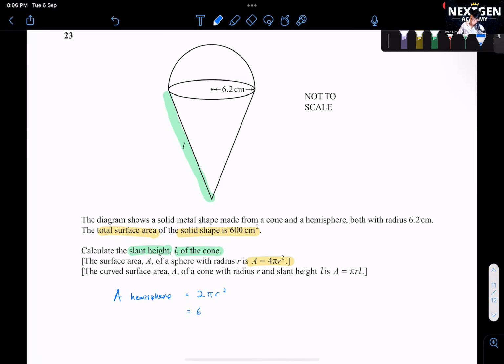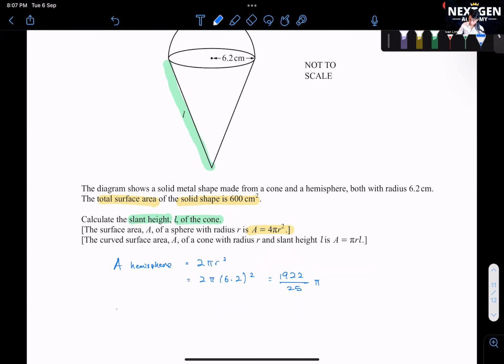Here we get 2 pi times 6.2 squared. We can keep it in pi first, or in proper fraction: 1922 over 25 pi.